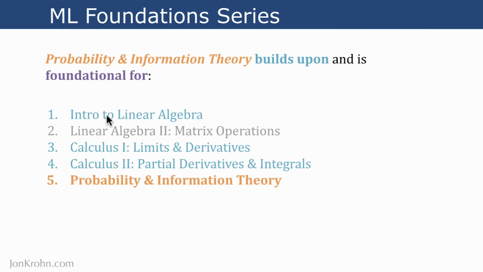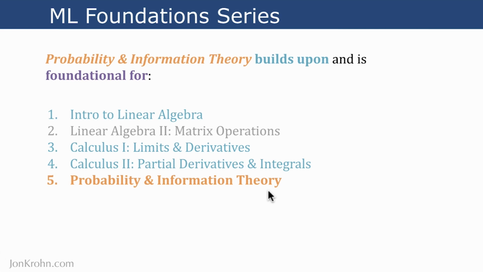For these three subjects, Intro to Linear Algebra, Calculus 1, and Calculus 2, that you may have already taken earlier in my series, there is a little bit of theory related to how we work with equations, as well as some hands-on assumptions as to how we use the software libraries in this probability and information theory course that depend on little bits from these earlier subjects. But for the most part, this subject stands alone. You shouldn't have too much trouble if you're jumping right into this probability and information theory section.